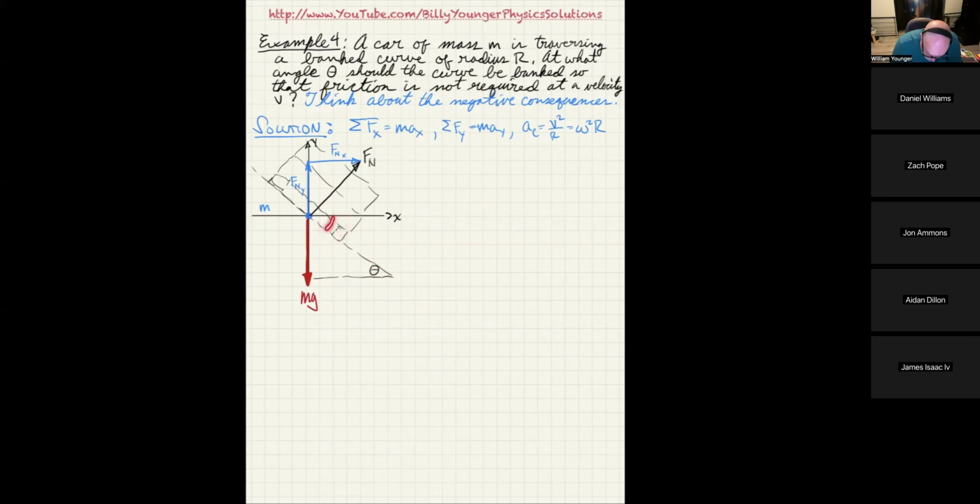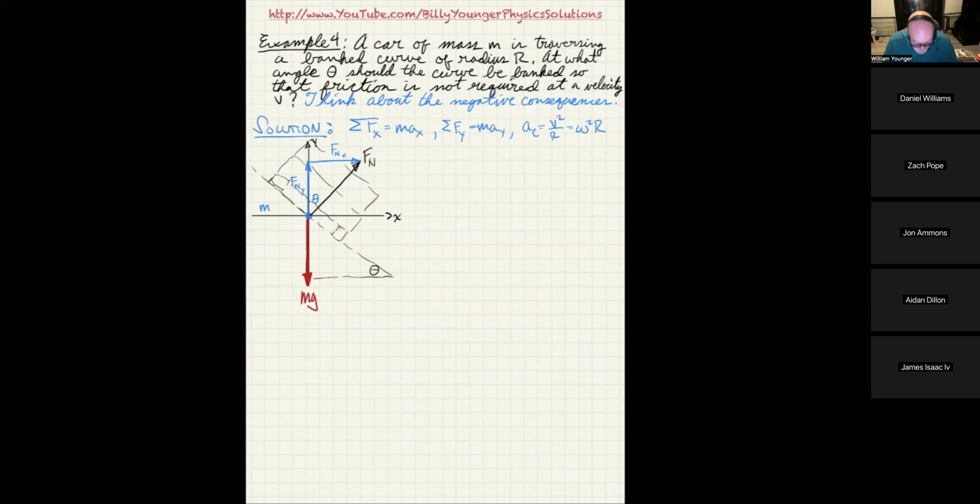But since this one has to be theta, this one has to be 90 minus theta. But since this one has to be 90 minus theta, then this one has to be theta. So that's a key skill that you've got to be able to figure out. Make sure you can always work out where the theta ends up in these types of things.